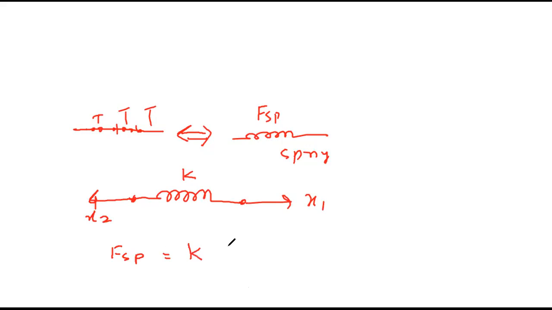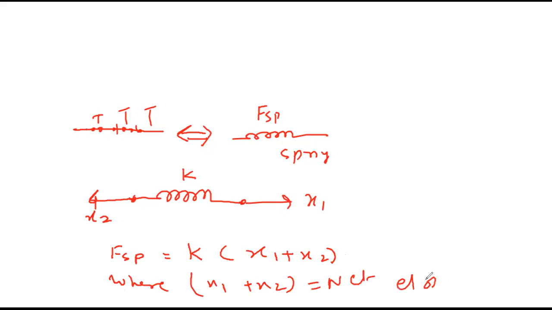It is K into (x1 plus x2), where x1 plus x2 is the net elongation. So if pulling forces are applied from two sides, the spring force will be k into the net elongation, not a single elongation. Clear?